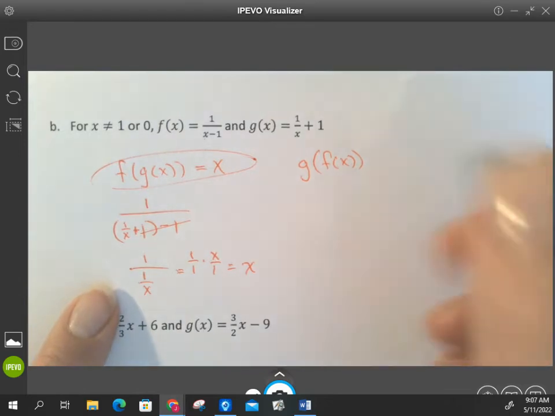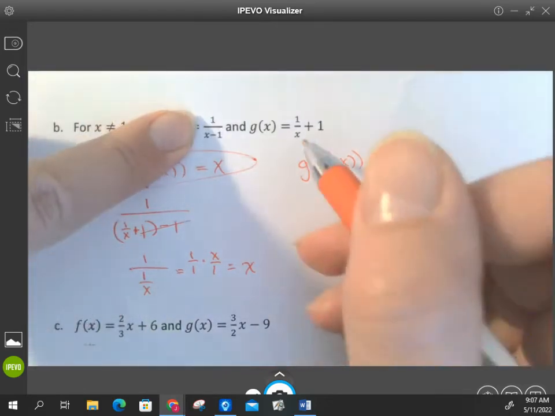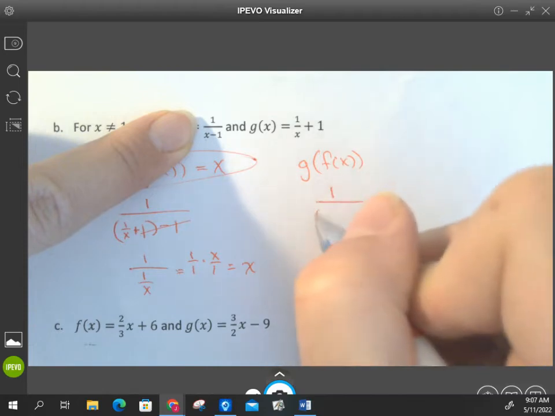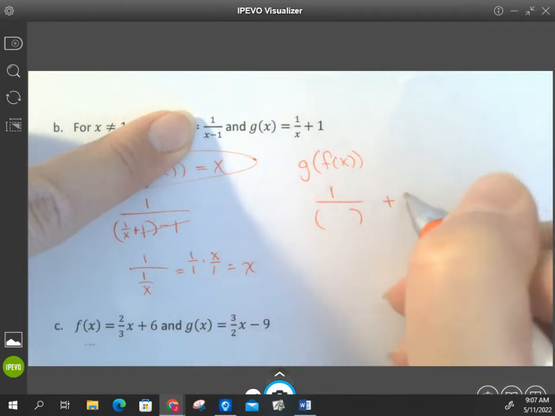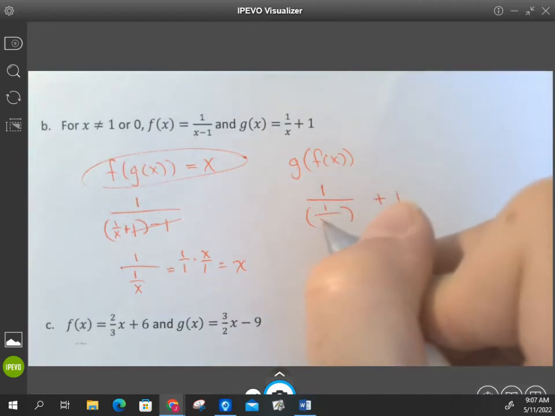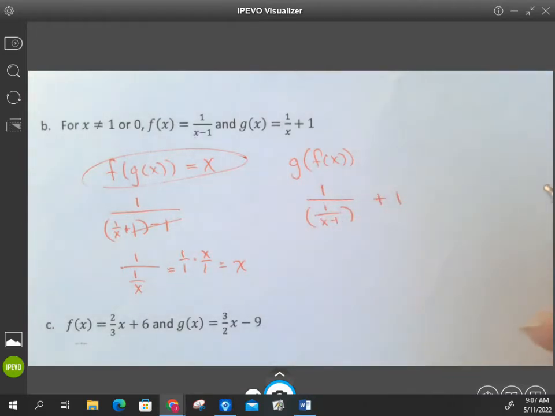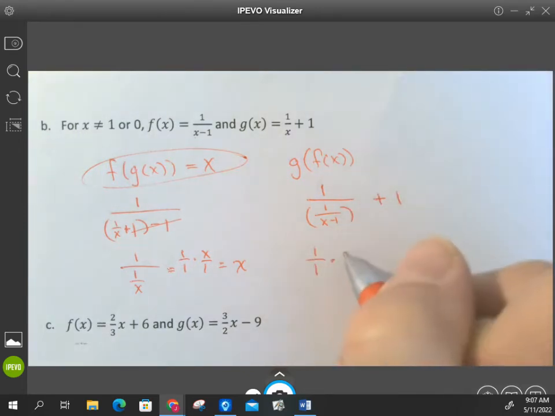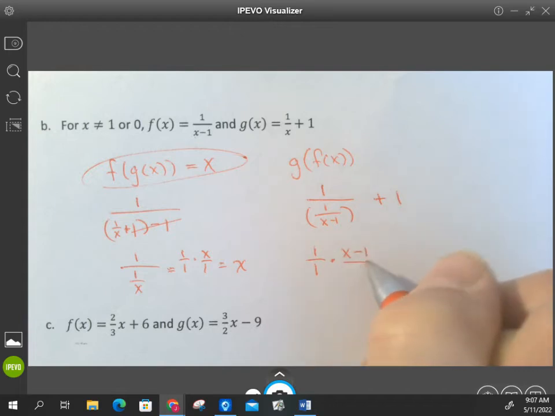Now, flip-flop it. Take this and put it in your denominator here. So you have 1 over x and then plus 1 attached. Okay, so this goes in as 1 over x minus 1. Guys, I can't add or subtract. I have to deal with this. So this is really 1 over 1 times the reciprocal of x minus 1 over 1, and then keep my little plus 1.